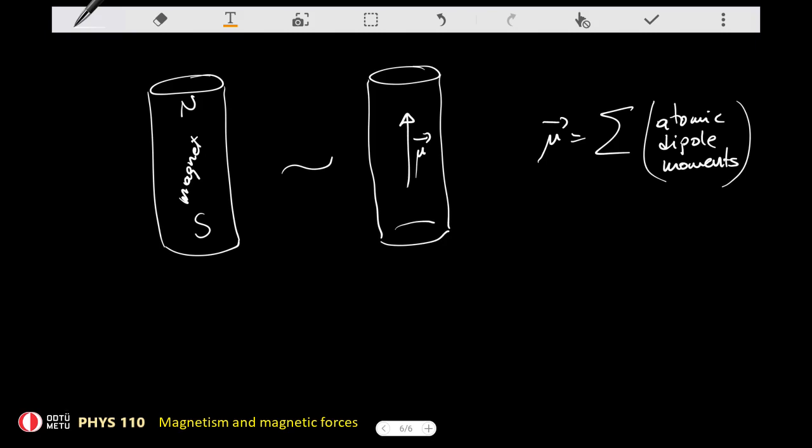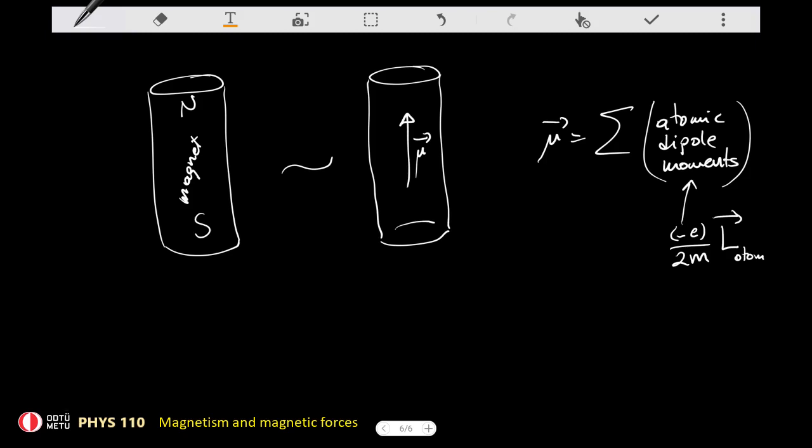Okay, so next, let's remember that in the case of atomic dipole moments, the atomic dipole moments are associated with the angular momenta. So let's write down this gyromagnetic ratio in here. Each atomic dipole moment is proportional to the angular momentum of the atom.